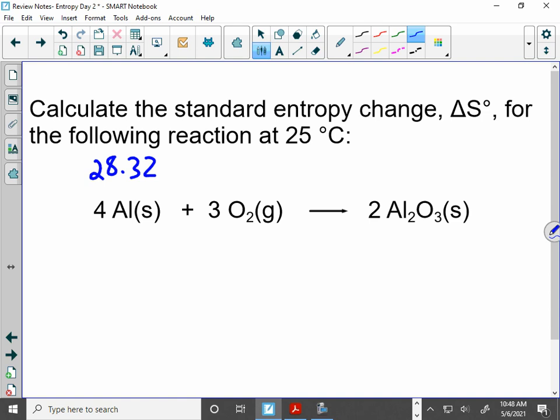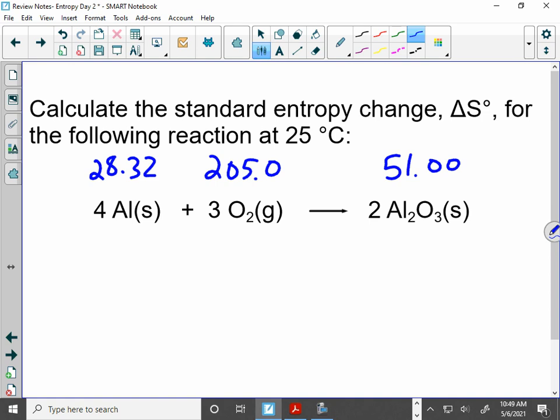I want oxygen diatomic as a gas, and that tells me 205.0. Now my final one is aluminum oxide as a solid. So I look at aluminum oxide as a solid, it gives me 51.00.